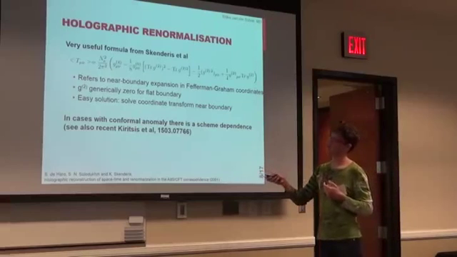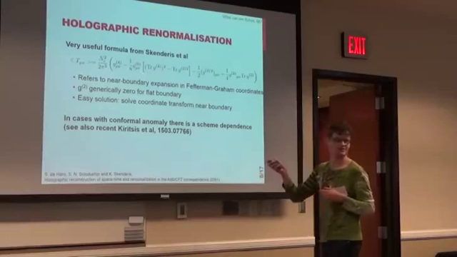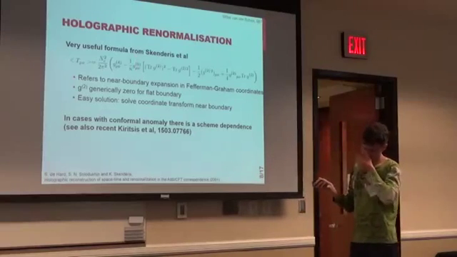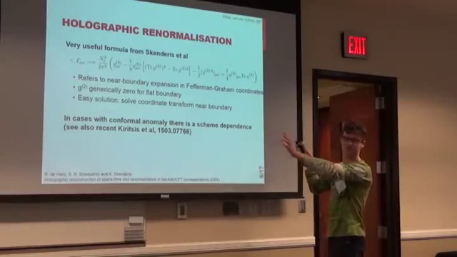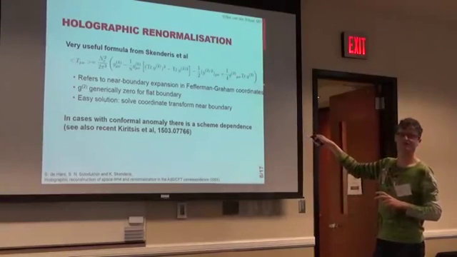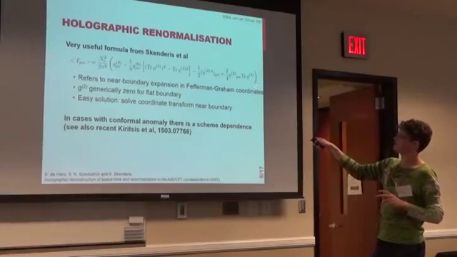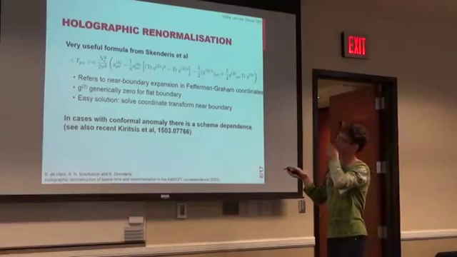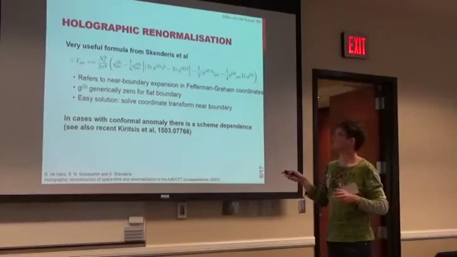I don't actually fully understand this, but Skenderis et al. claim they understand it. This formula gives you the stress energy tensor. It looks like a very nice closed form formula, but what actually happened is that there is a term here which is arbitrary and neglected. This term is called H4.